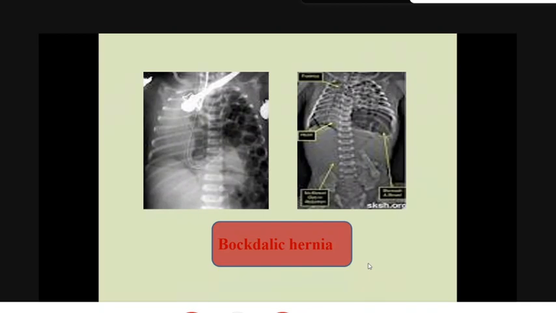What we can see on a plain abdominal film or on a chest radiograph is herniated bowel extending from the abdomen into the left hemithorax.